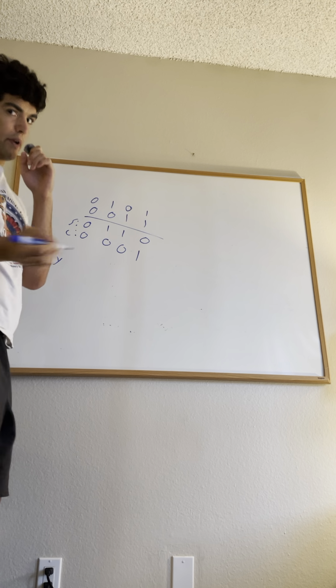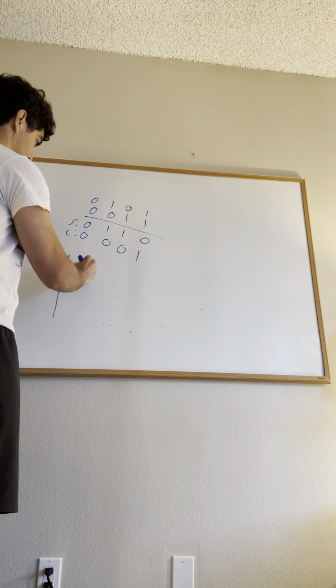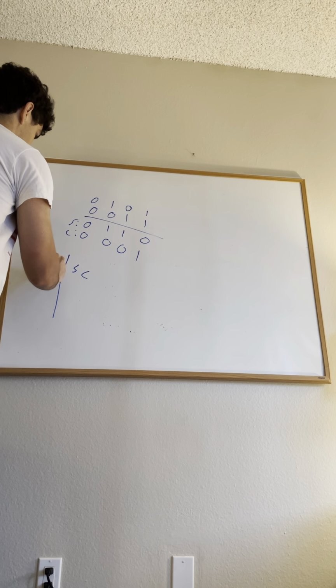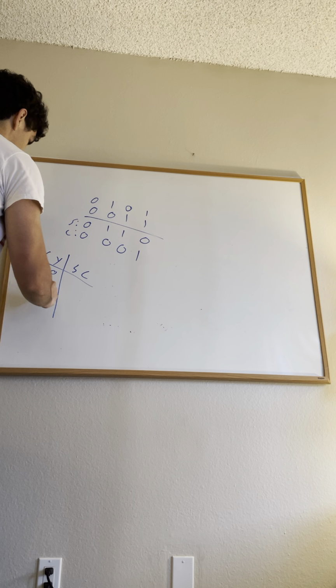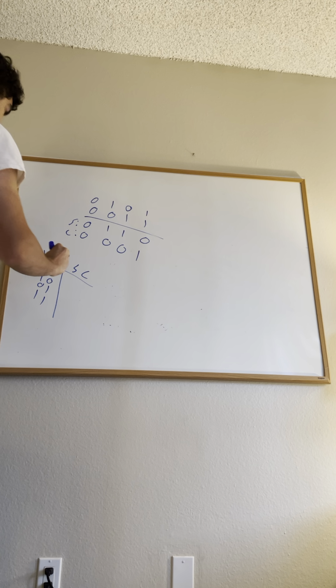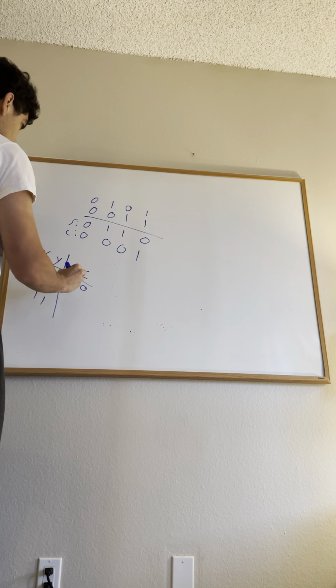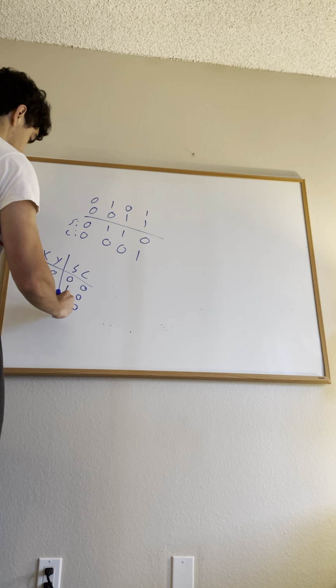So your two input bits x and y, and then your sum and your carry. 0, 0, 1, 0, 0, 1, 1, 1. So this is going to be 0, 0, 1, 0, 1, 0, 0, 1.